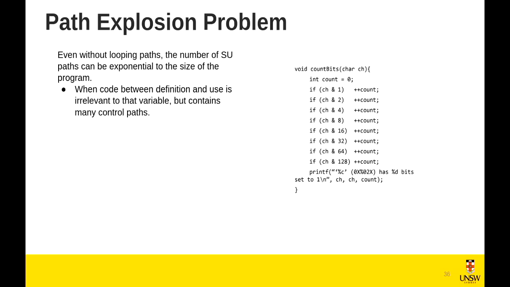For example, for this program here, the DU paths for this count variable could be exponentially growing as we have more if conditions to check the value of the char, because this is a bitwise AND.